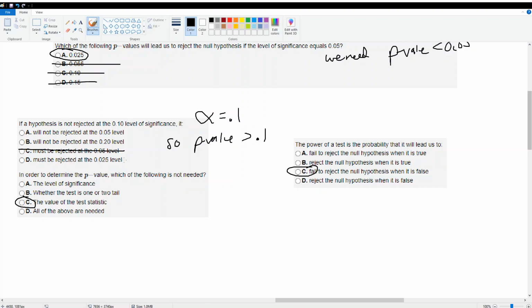We're not going to reject it at 0.025, so this is out. Now, if this p-value is 0.15, we wouldn't reject it at 0.15, but we would reject it at 0.2. So this is out. But if it's 0.15, we won't reject it at 0.05.